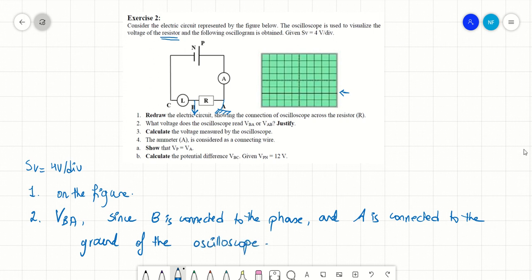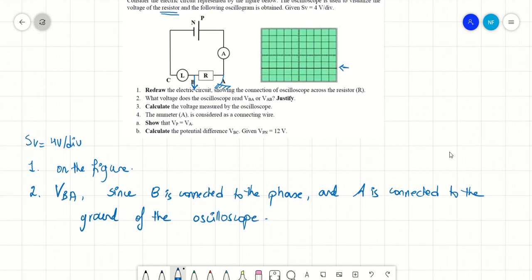Okay, so let's continue to part 3. Calculate the voltage measured by the oscilloscope. I know I'm having two rules. When I have an analog voltmeter, I think with V equals N times R over N total. If I have an oscilloscope, I have to think that V equals SV times Y. Always this way it works. Which V is it measuring? Of course it's measuring VBA, and it must come out negative.